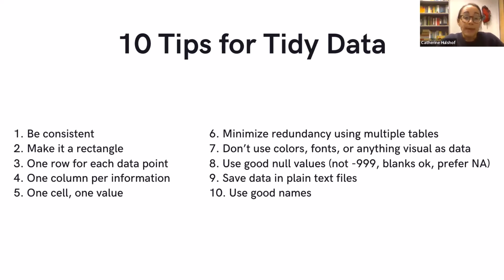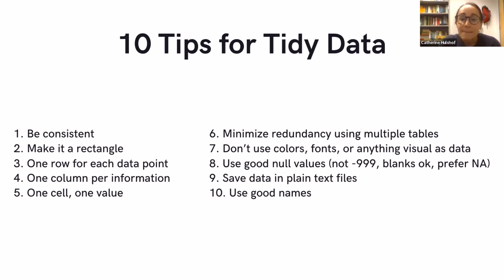What I mean when I say make the data into a rectangle is that every row is a single data point, and each column contains only one type of information. So when we do this, we'll see how each cell in your spreadsheet, like in your Excel file, contains a single value.